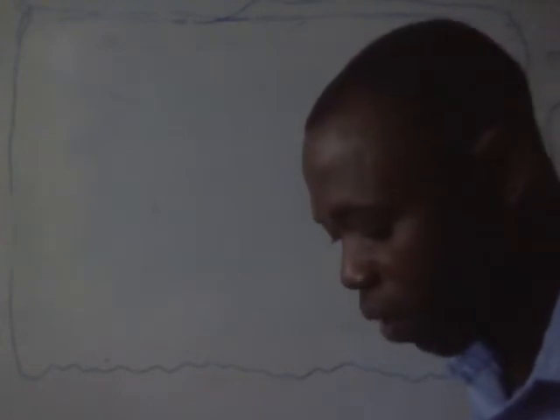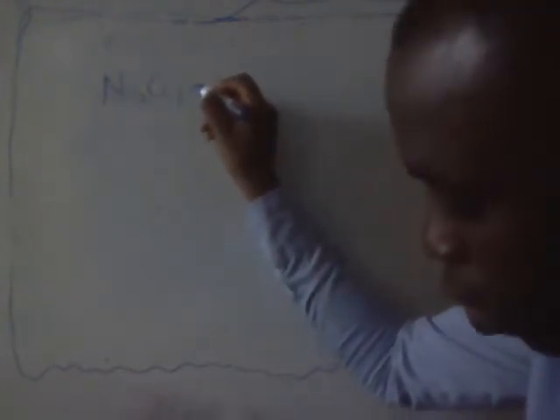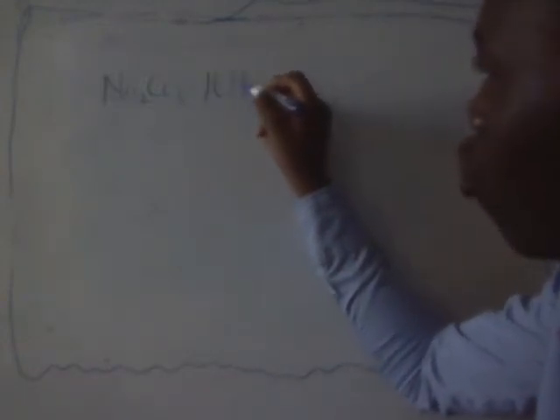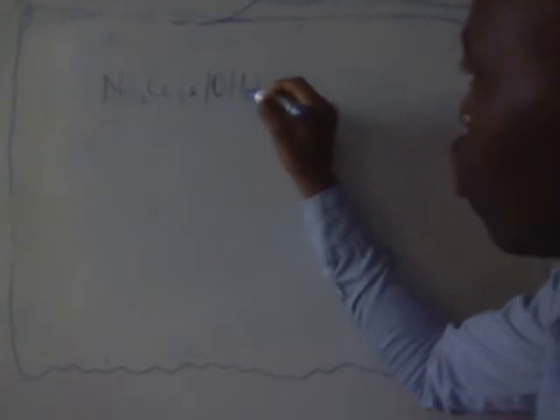Number 12. The question says the chemical process that is represented by the equation below is, we are given sodium carbonate decahydrate, that's Na2CO3.10H2O, given Na2CO3.H2O plus 9H2O.